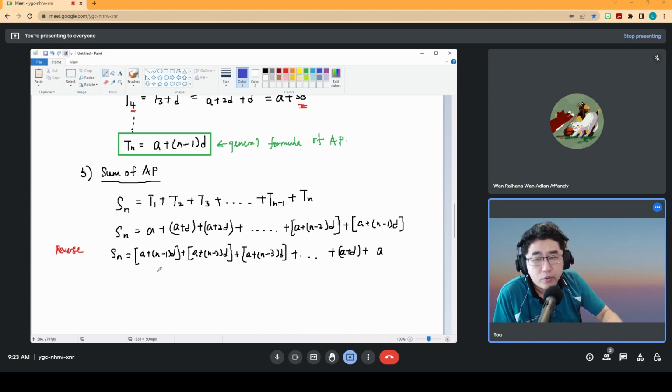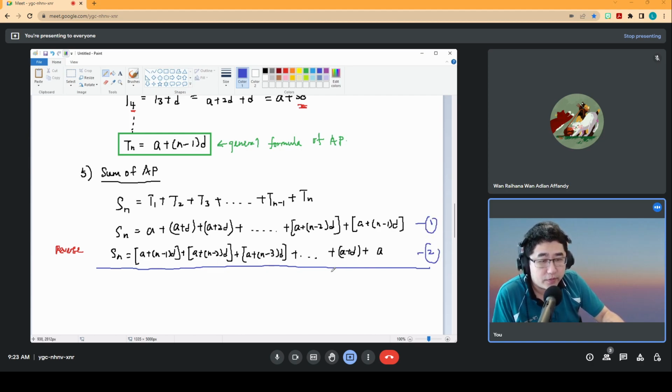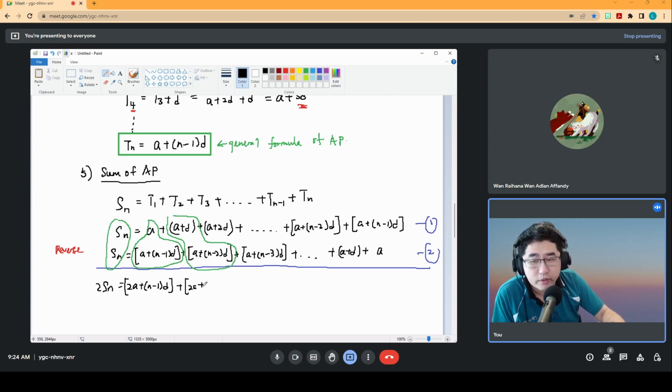Now I'm going to sum these two lines together vertically. These and these sum together, I have 2Sn. These and these sum together, I have 2A plus (n minus 1)D. A and A, and in the second position, A plus A is 2A, D plus (n minus 2)D gives (n minus 1)D.